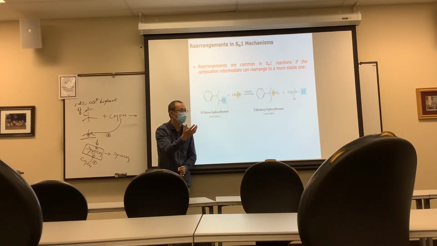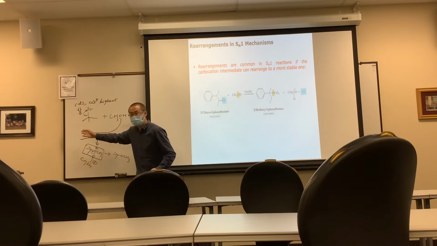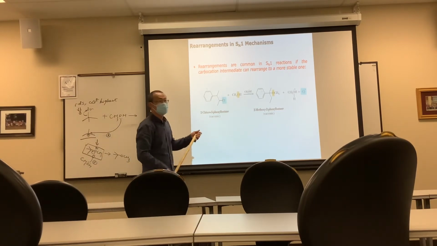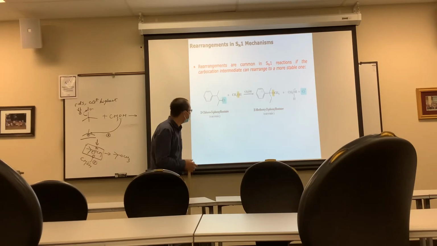Which chapter? 6. Chapter 6. When alkene reacts with the proton. Is that right? When alkene reacts with proton, you get what? Carbocation. Same here. SN1, because the first step, intermediate, is a carbocation, then you may have rearrangement product if there's a chance to get a more stable carbocation.